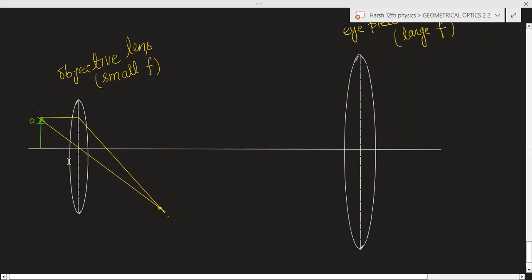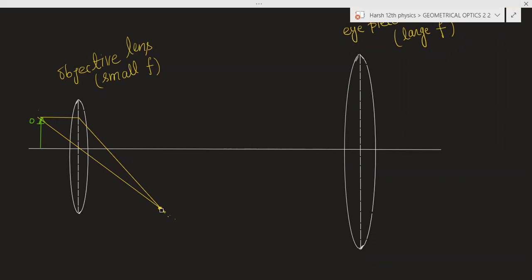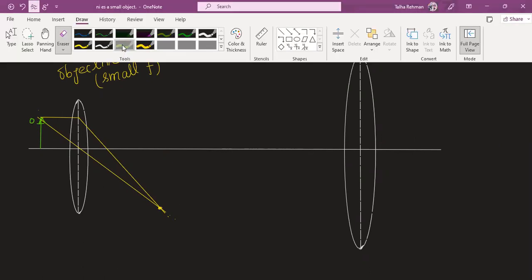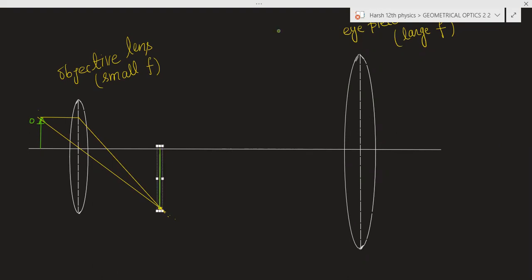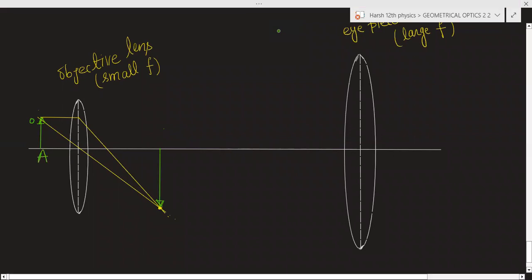First, the objective lens produces the image. Now here is the twist. This is the image formed by the objective lens. Suppose this object is AB.